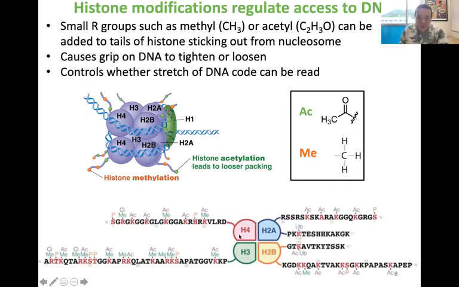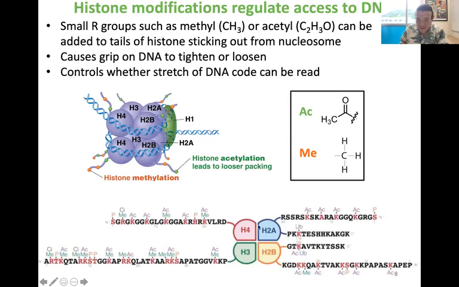Down below is a wonderful figure that annotates many of the particular locations of different amino acids in the histone tails that we now know, when they are modified through methylation or acetylation, matter. Sometimes they can be phosphorylated, where a PO4 group gets put on, or small proteins can even be added, like ubiquitin.